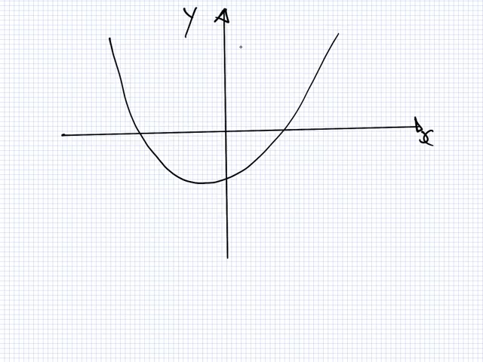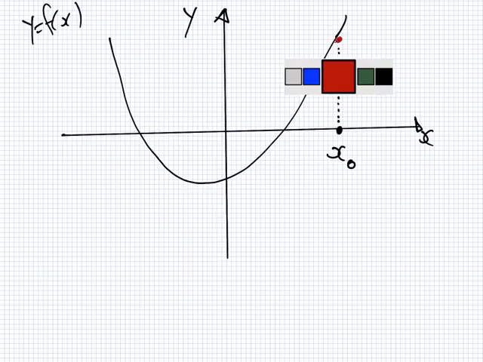Let me just call this y equals f(x). First, you make a guess at the answer. So maybe you guess x0 is the root. Is that the right answer? No, because the root is here. So we were wrong. But what we do, we go up to the curve, and then here we make a tangent.